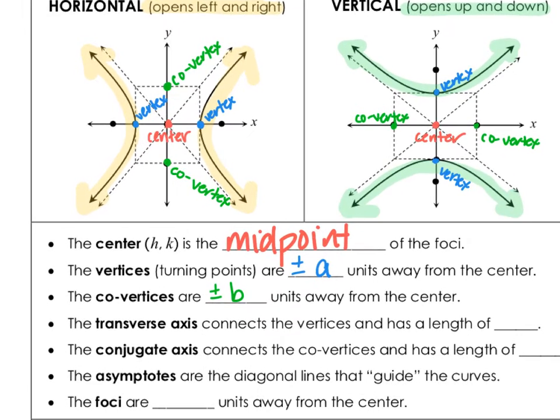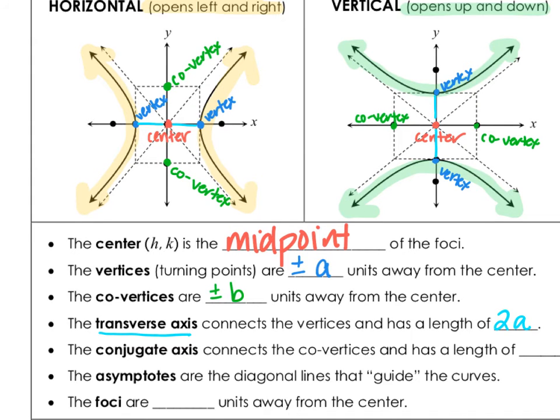All right, so now we get to the transverse axis. The transverse axis connects the vertices and has a length of 2a, so 2 times a. So right here to here would be the transverse axis, and here to here would be the transverse axis.